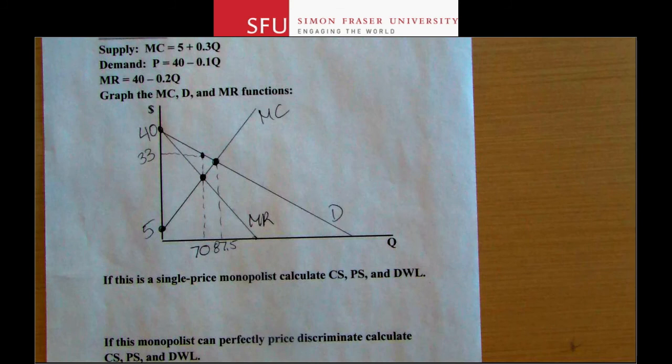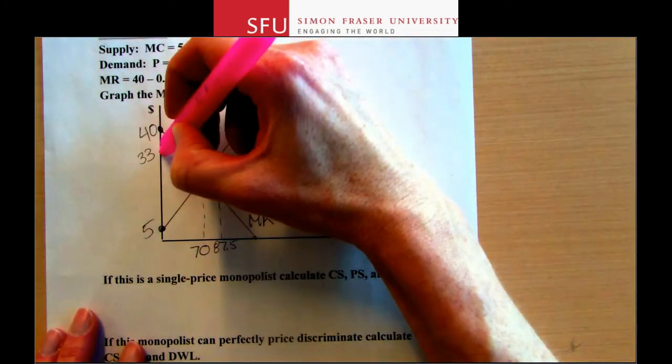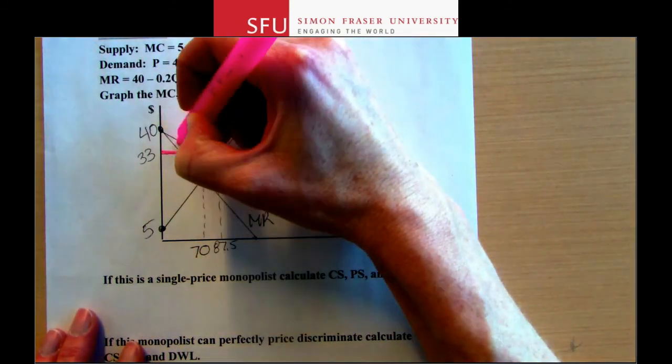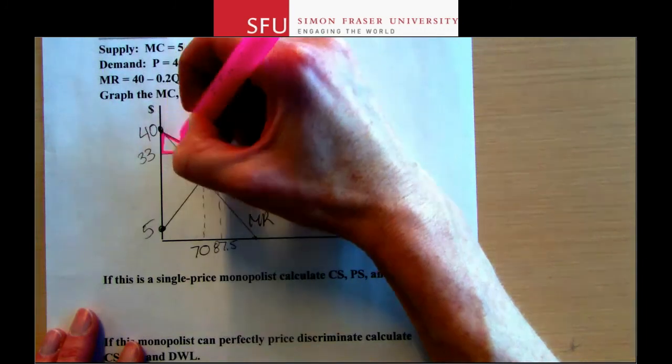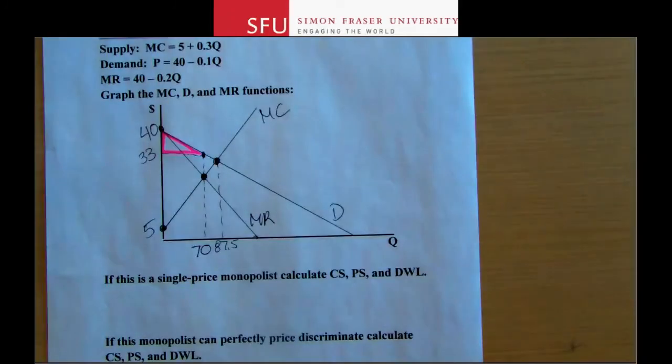All right, so consumer surplus, consumers pay $33. So the difference between demand and the price, that will be consumer surplus.